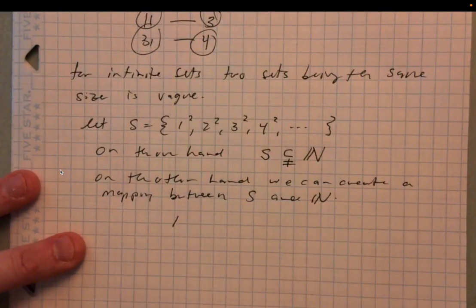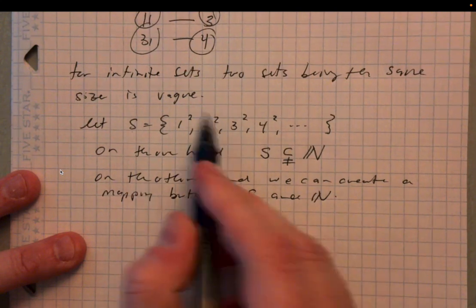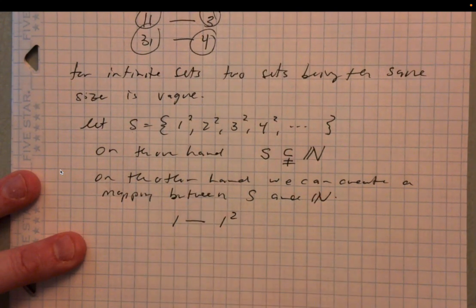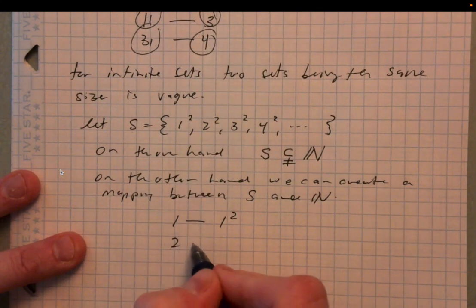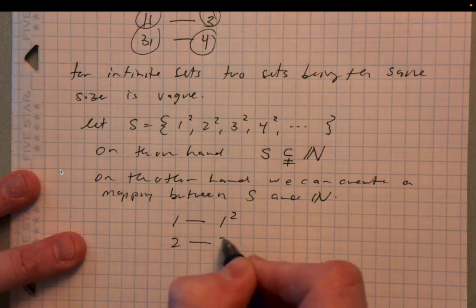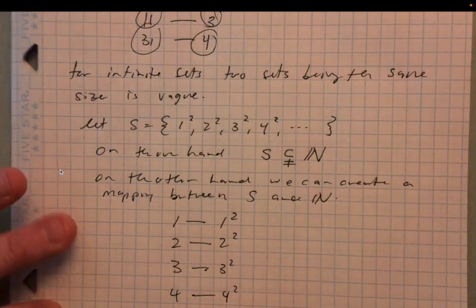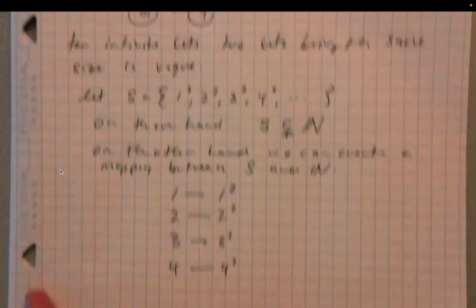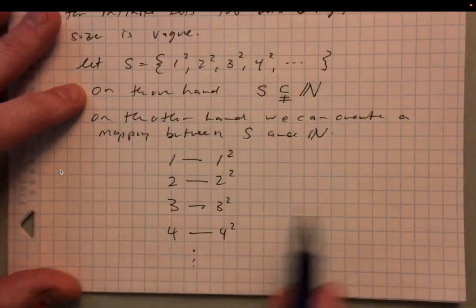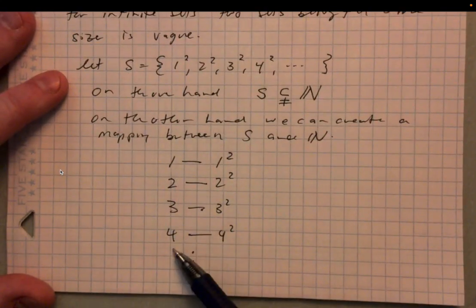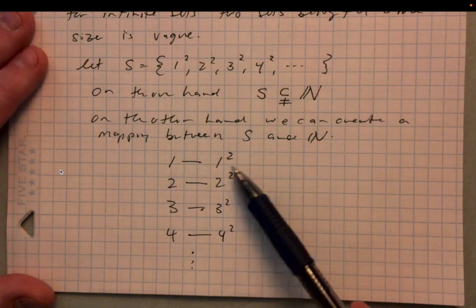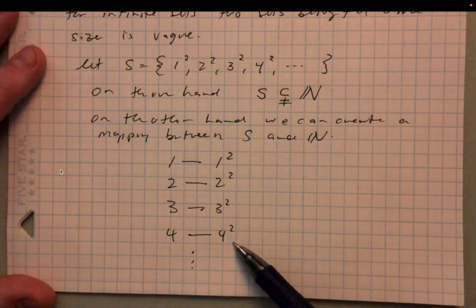The first natural number is 1, and I'm going to map that to 1 squared. The second natural number is 2, I'm going to map that to 2 squared. 3 goes to 3 squared. 4 goes to 4 squared, etc. And I could continue on like this forever. So notice every natural number maps to precisely one element of S.